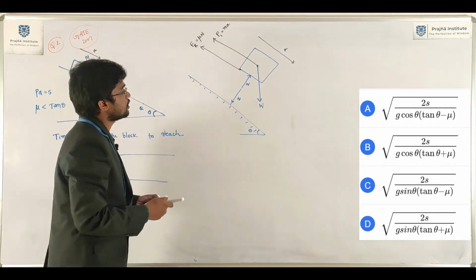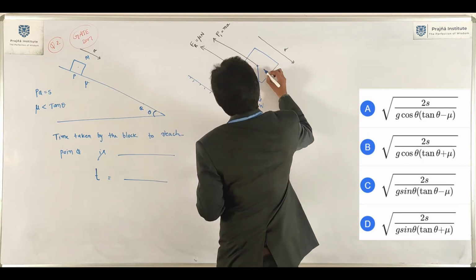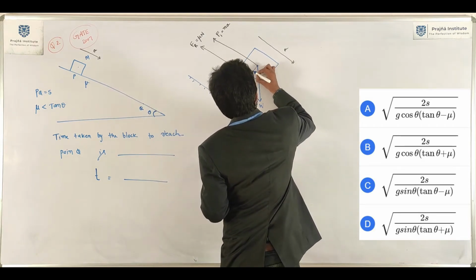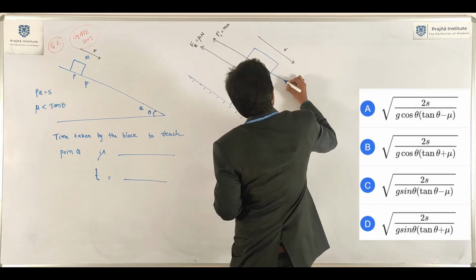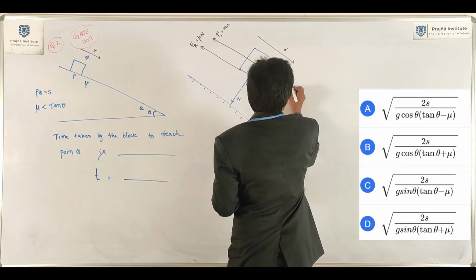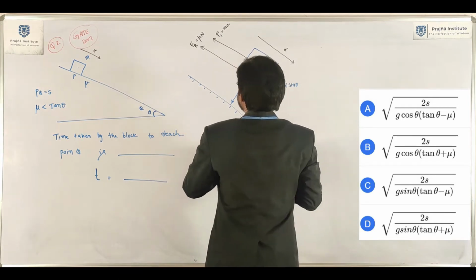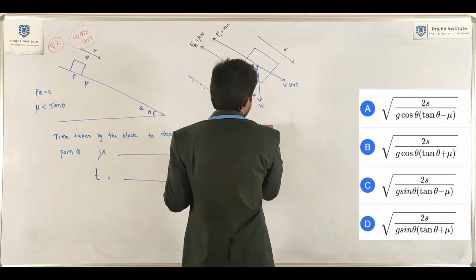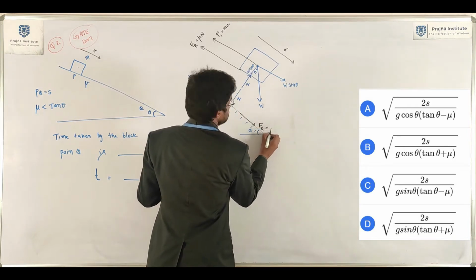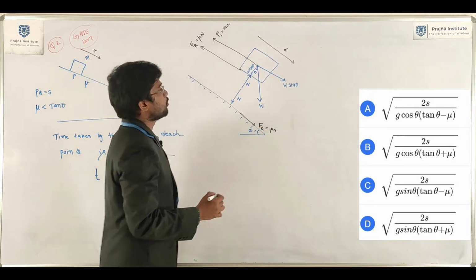Now we need to resolve the components. Here it is theta, W cos theta, W sin theta. Relative friction acting here is not required, but it is the procedure to draw the free body diagram.